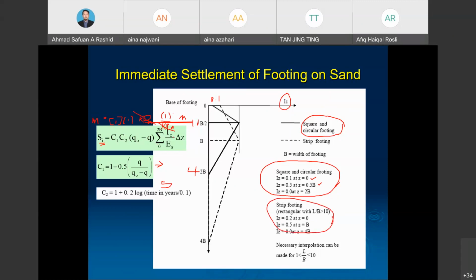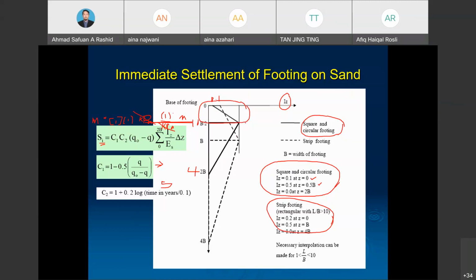So it means that, okay, to ease your calculation, okay, for this Isaac over ES delta Z, so we can put in two groups. Okay, the first group is here. Okay, so get all the information and get the average, and then divide with the ES average as well, and the depth of the Z, okay, is between 0 to B over 2 minus 0.